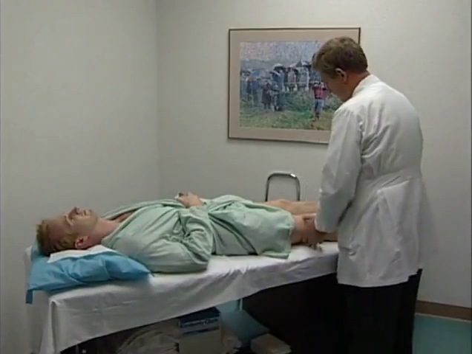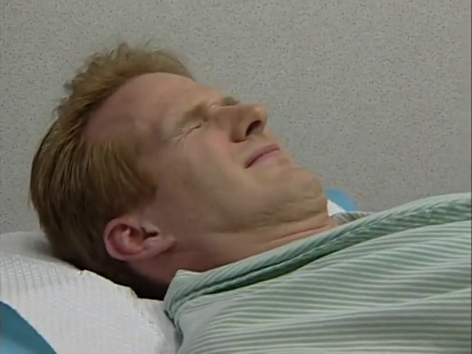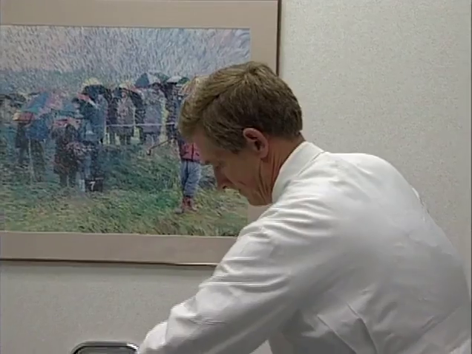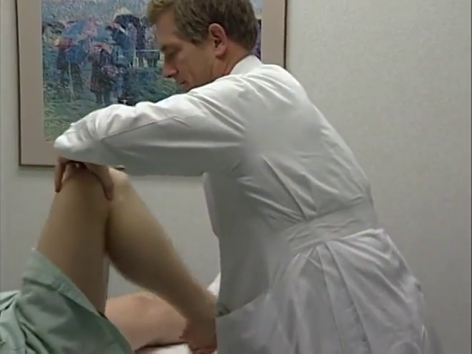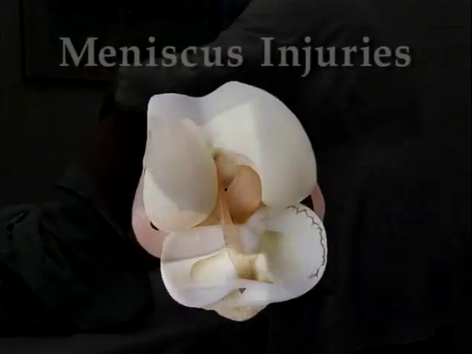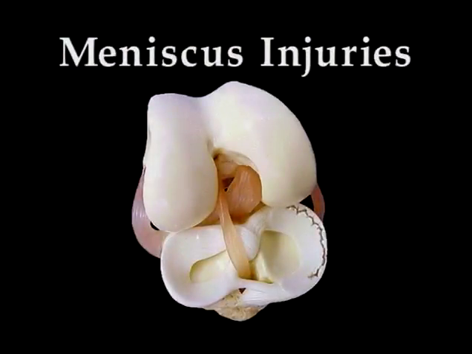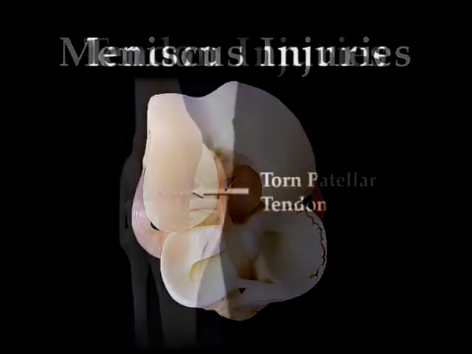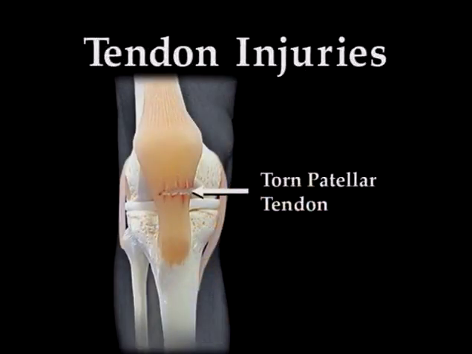Injuries to the knee can dramatically limit the ability to move. There are several types of knee injuries depending upon which component has been damaged. Cartilage or meniscus injuries involve tears or deterioration of the cartilage, while tendon injuries result when the tendon or structures attaching the muscles to bone become ruptured, torn, or inflamed.